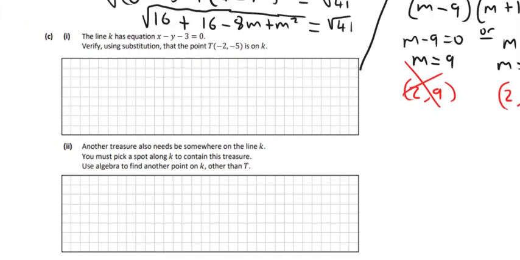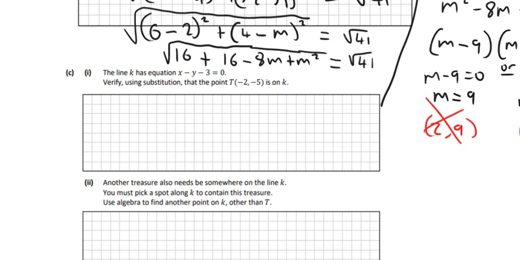Right. So part C then. The line K has equation x minus y minus 3 equals 0. Verify by using substitution that the point T, minus 2, minus 5, is on K. So all we have to do here is sub in. Minus 2 is your x value, minus 5 is your y value.